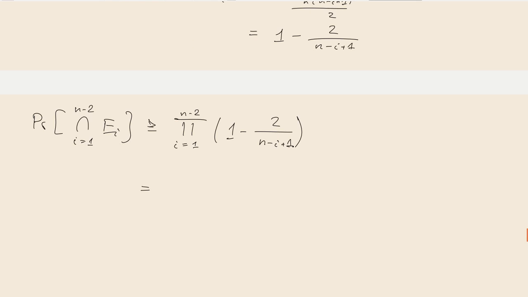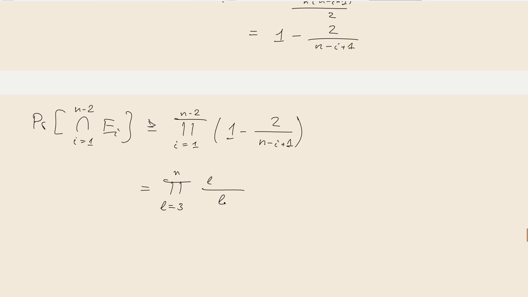Now, like for sums, you rewrite that. So the smallest value you have is 3, and the largest is n. And then you bring that on the same fraction.